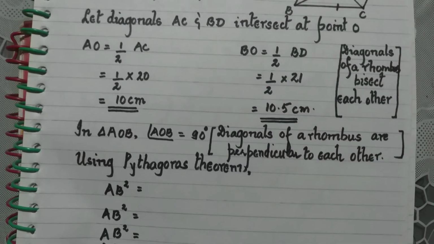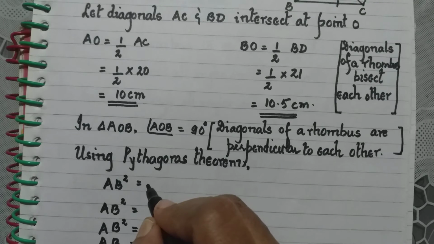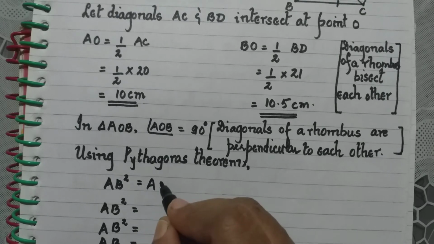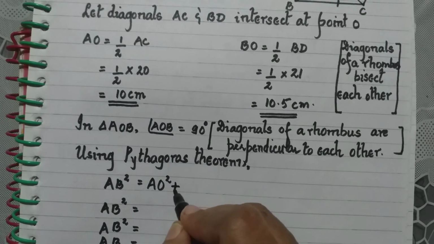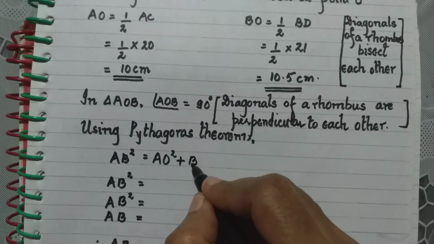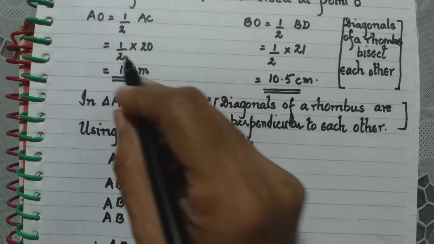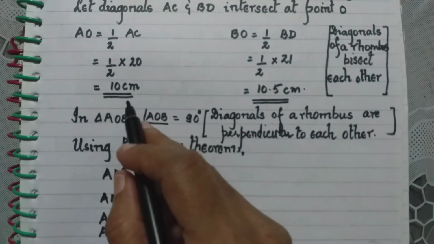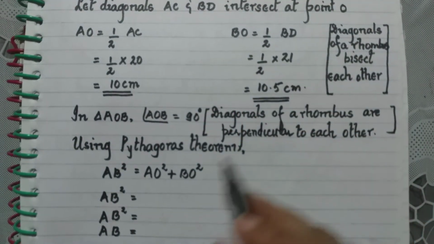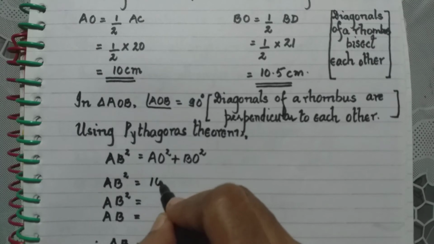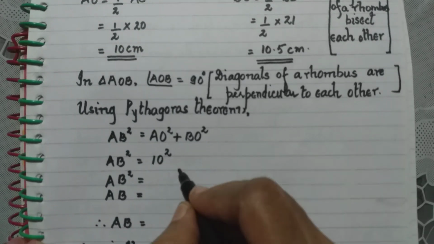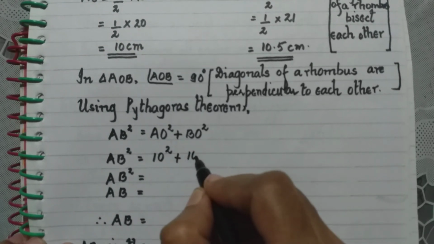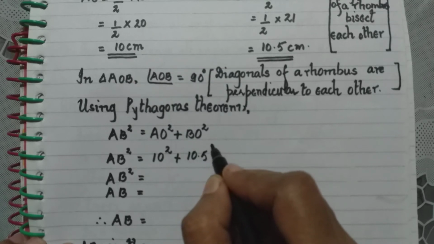So I will write here AO square plus BO square. I am writing BO square because I have taken here AO and BO. AO is 10, BO is 10.5. I will put the values here. 10 square plus 10.5 square.